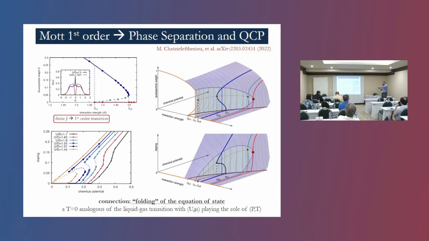So this folding has to unfold at some point, and this necessarily implies a quantum critical point, which we numerically generically find at finite doping. So the key message here is this: if you have a first order Mott transition, then you will have a quantum critical point, which generically is seen at finite doping.